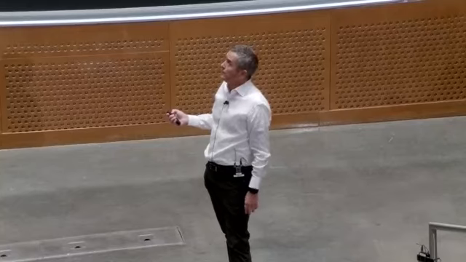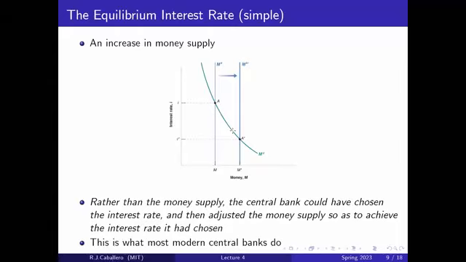Well, we start from an equilibrium here. If the interest rate remains at that level, now we have an excess supply of money. Okay? And the only way to restore that equilibrium is by people demanding more money. And when will people demand more money? Well, when the interest rate is lower.